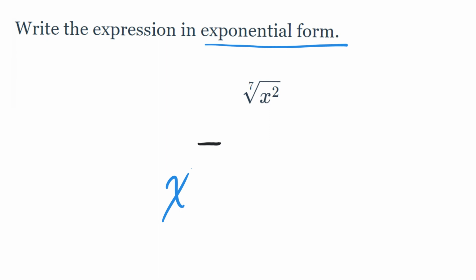On this fraction, whatever is in the index belongs in the denominator of our exponent, and whatever is in the power belongs in the numerator. So this would look like this, x to the 2 over 7 power.